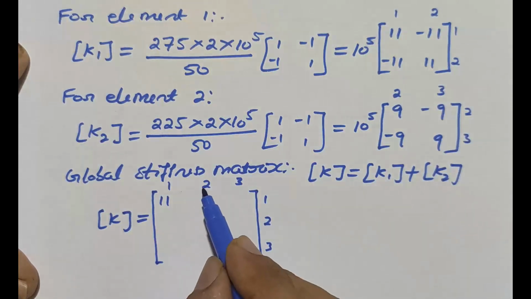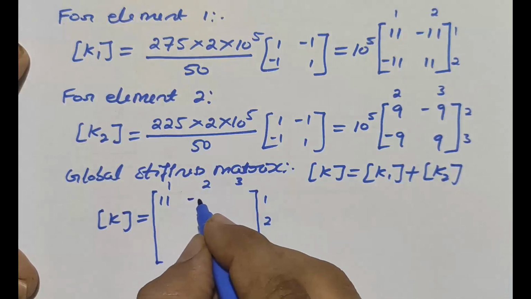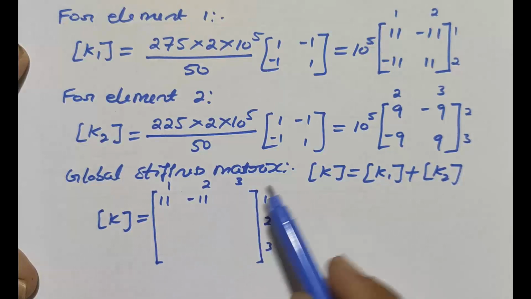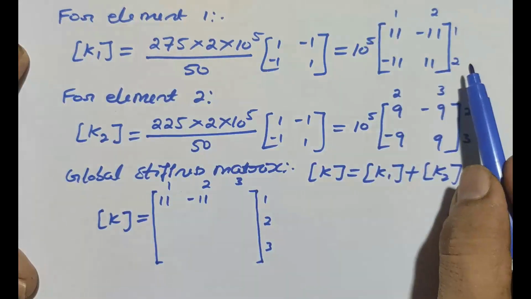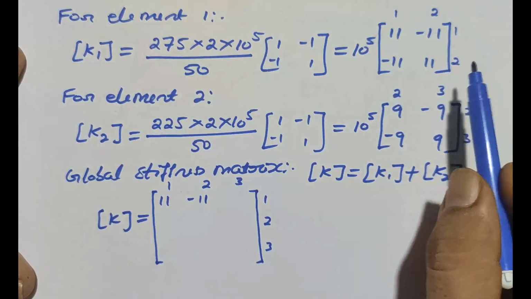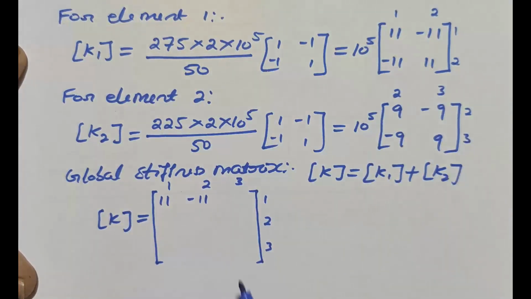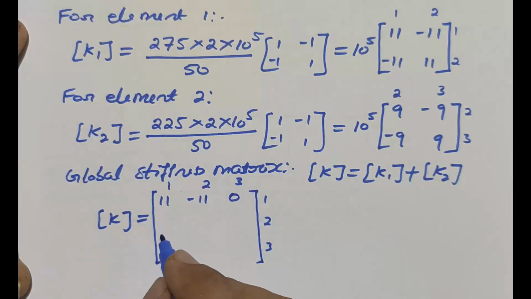Therefore, element corresponding to 2 and 1 is minus 11. Next, we need element corresponding to 3 and 1. If you see K1, here we don't have any element corresponding to 3 and 1. Similarly, in K2, again we don't have any element corresponding to 3 and 1. Therefore, here element corresponding to 3 and 1 becomes 0. Next, since we know global stiffness matrix is symmetric matrix, we can write here minus 11, 0.